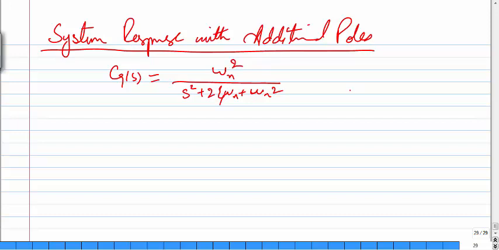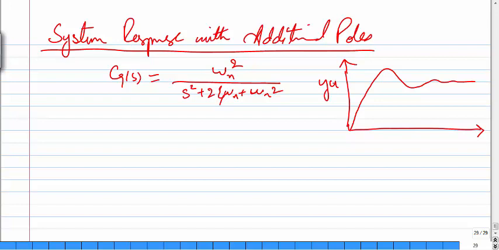If I draw the response to the step input, the step response starts from here and does something like that. So this is your y of t, this is your time t, and you have some rise time, settling time, and so on. Okay, now this is what we know, and similarly this is for second order.